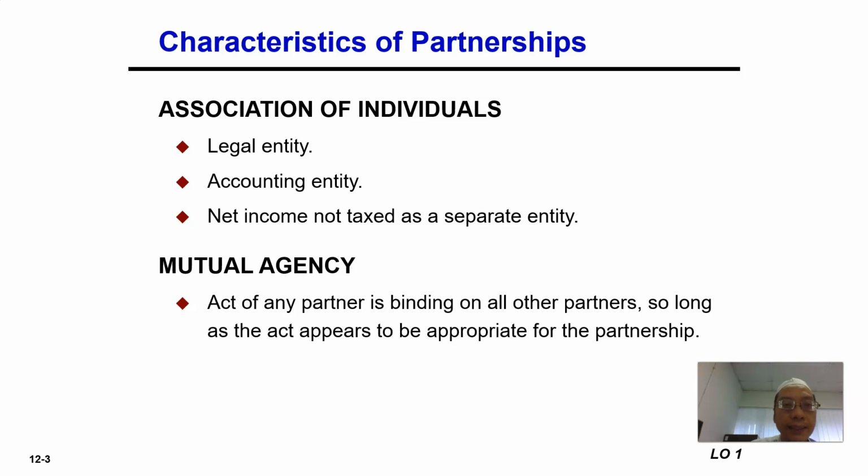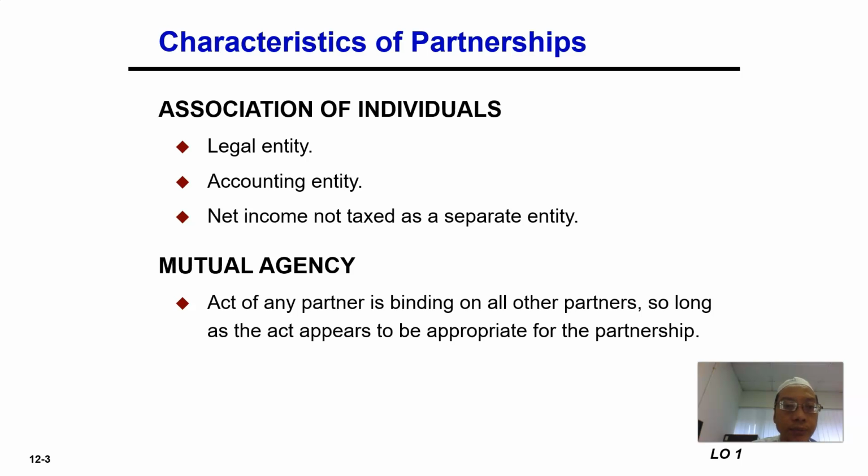It is a legal entity, meaning that they can enter into agreements on behalf of that partnership separately from themselves. And it is also an accounting entity, where each partnership is separate from the partners themselves.